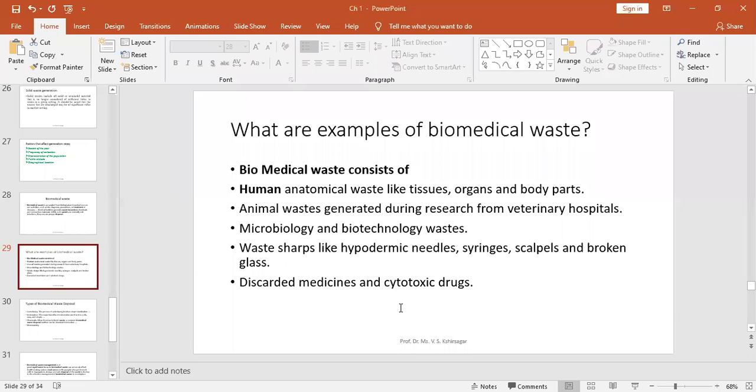In that, human anatomical waste like tissues, organs, and body parts. Then animal waste generated during research from veterinary hospitals.